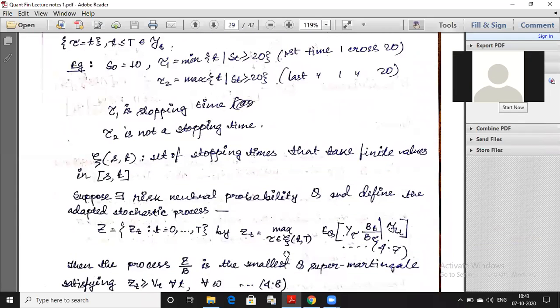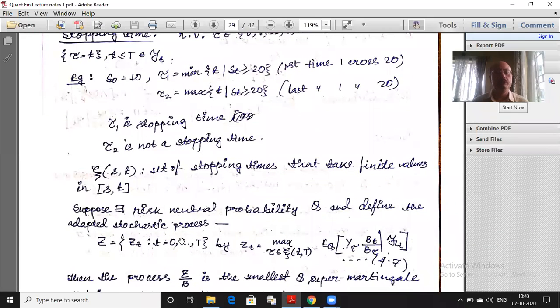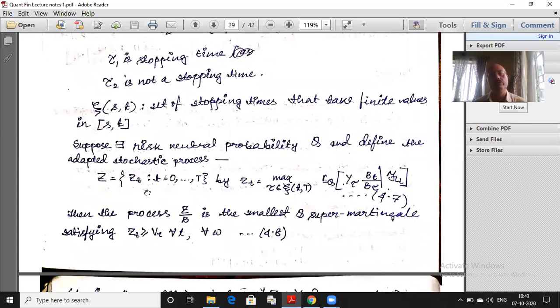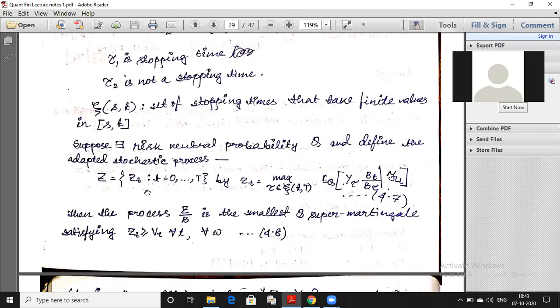Okay. So a piece of notation, xi of s,t is the set of stopping times that take finite values in this interval s to t. So this is what I want to identify. And now suppose I have a risk neutral probability Q. We have been using that all through.